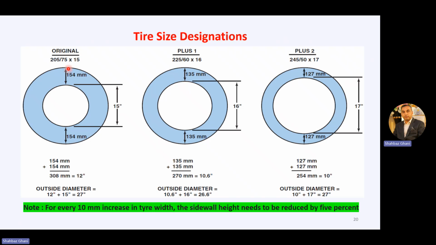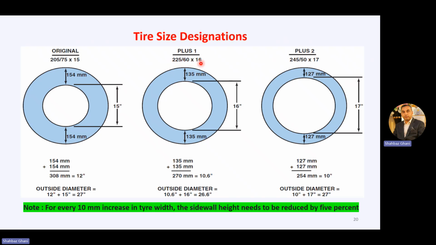A question was there how these figures came. Now, theoretically speaking, we can go up to plus 1 size and plus 2 size. Plus 1 size does not depend upon the side width or the aspect ratios.